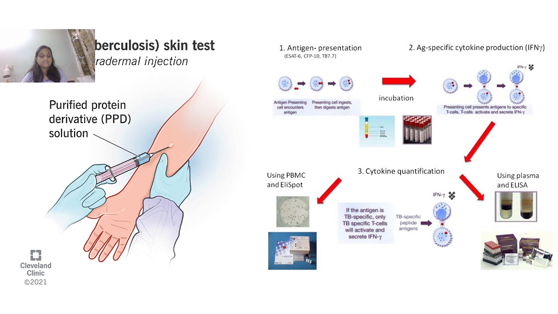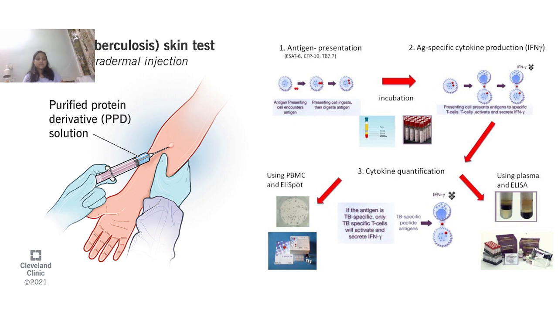Most of the people who are infected by M. tuberculosis, their white blood cells will release interferon gamma when mixed with some antigens, for example, the M. tuberculosis antigen.